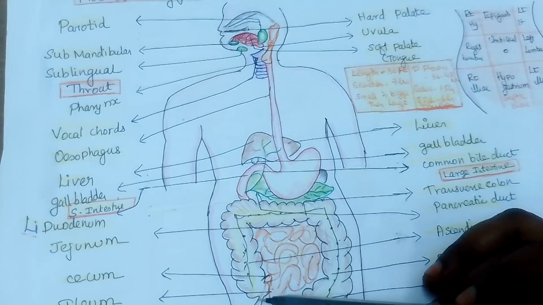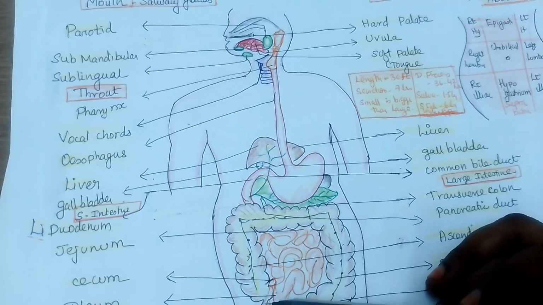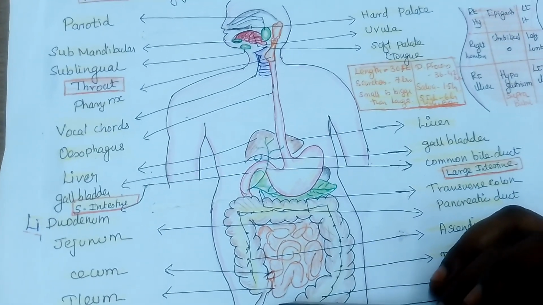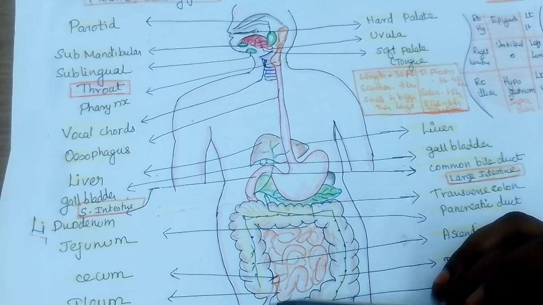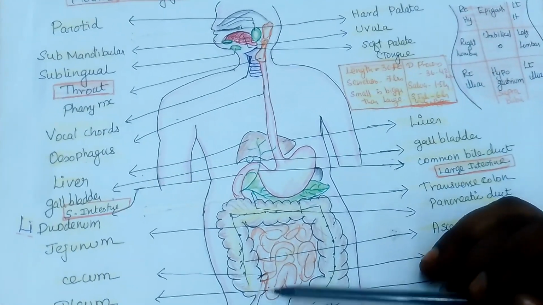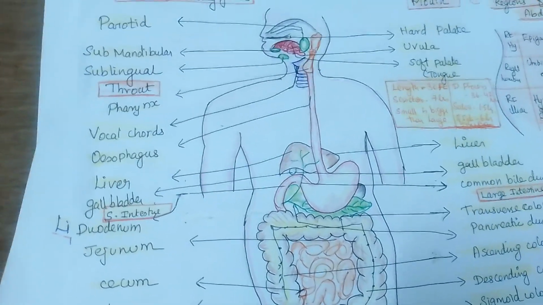We do not know what the function is, but sometimes it will get inflamed. So it can burst out into the peritoneal cavity, so immediately you go for surgical operation. Its position can be 12 o'clock, 3 o'clock or 2 o'clock. There are various positions it can have. Understand? Okay.